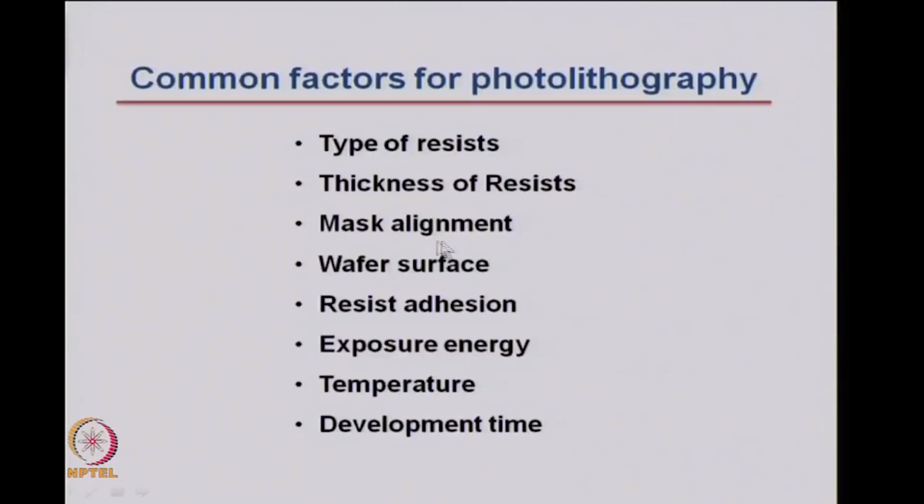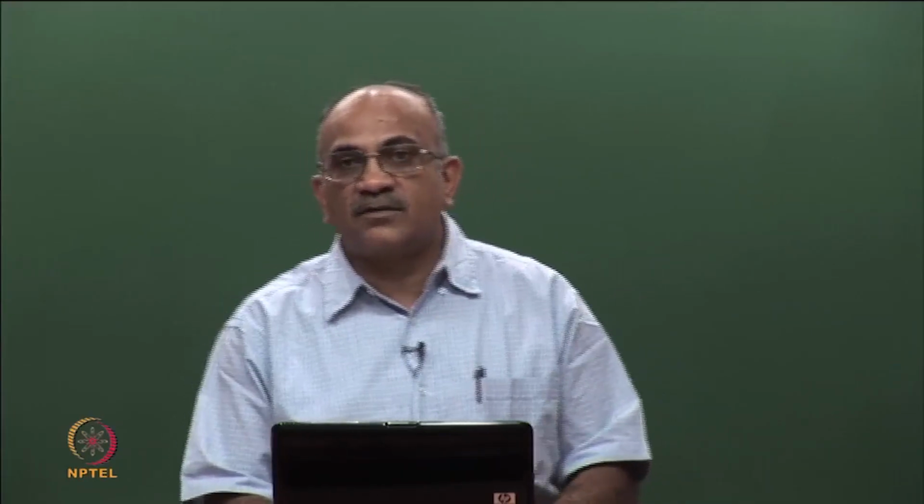So, the thickness of the resist is also important, and that depends on what wavelength of light you are using and how much time you are exposing to the light. Then the alignment of the mask, of course, is of ultimate importance, because if you misalign the mask you will not get the structure which you want, because the mask actually guides the final structure.